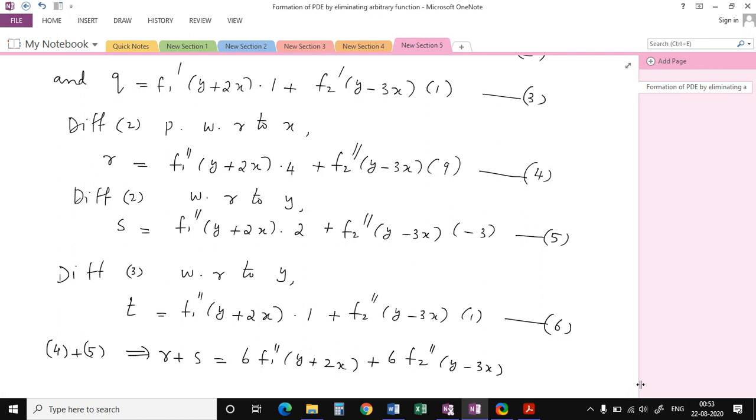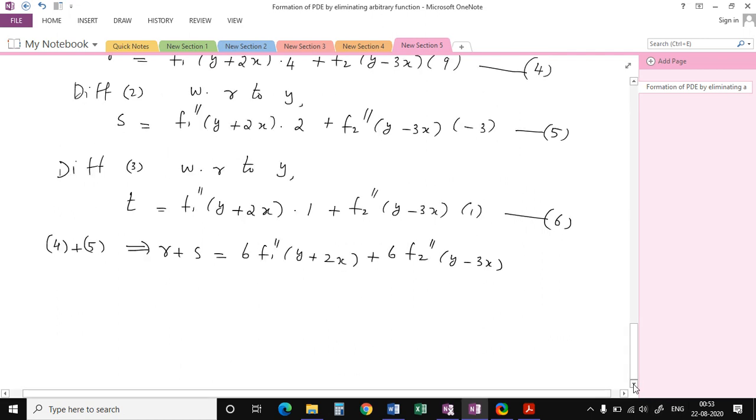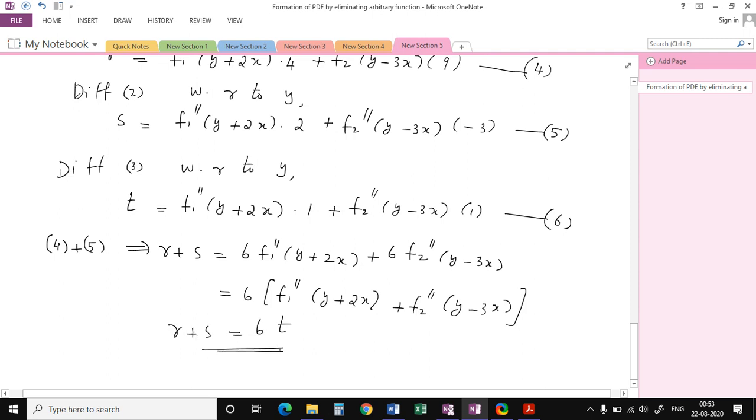So now 6 is a common factor, so we can write it as 6 into f1 double dash y plus 2x plus f2 double dash y minus 3x. Now then, from equation number 6 we can see that this is the term t, so this is equal to 6t. Therefore r plus s equal to 6t is the required equation.